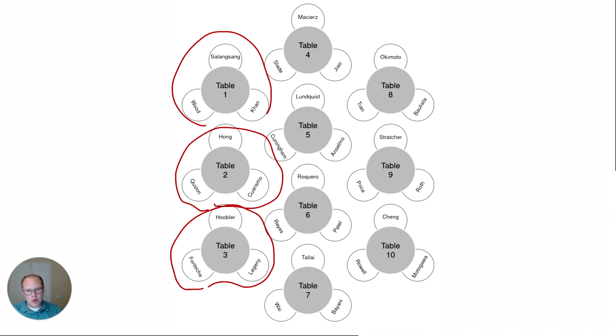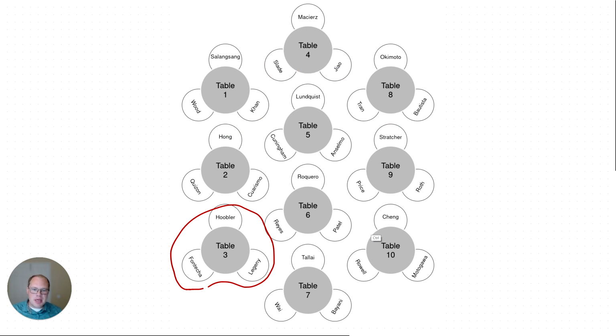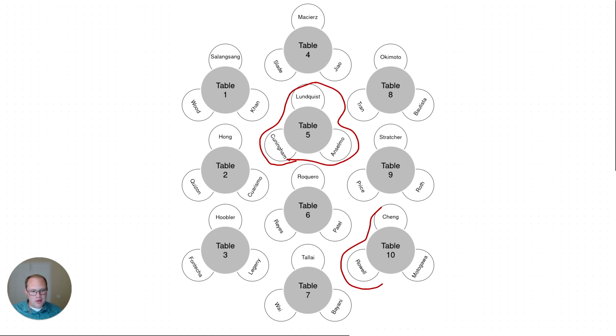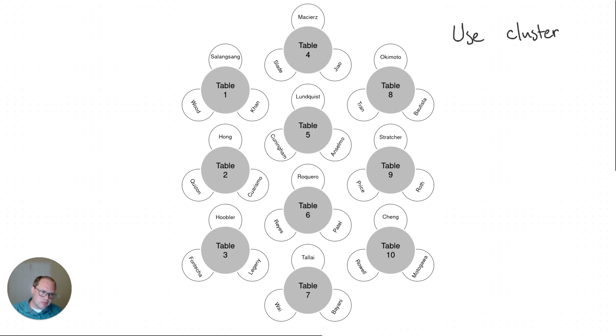Instead of going about the whole room and selecting students randomly, it might be easier to take everyone from a table and then everyone at another table. That's cluster sampling. So what we're going to do is use cluster sampling to randomly sample six students.